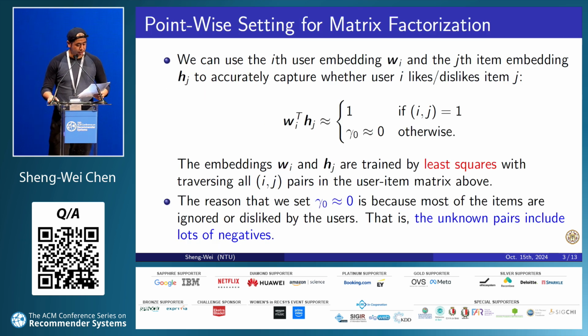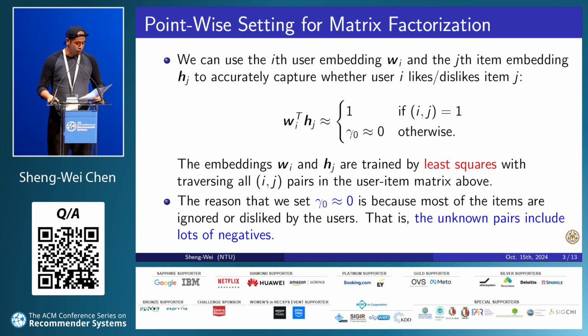Next, we discuss the pointwise setting for matrix factorization. We can use the ith user embedding, Wi, and jth item embedding, Hj, to capture whether user i likes or dislikes item j. That is, Wi transpose Hj will approximate 1 if the ij pair is positive.